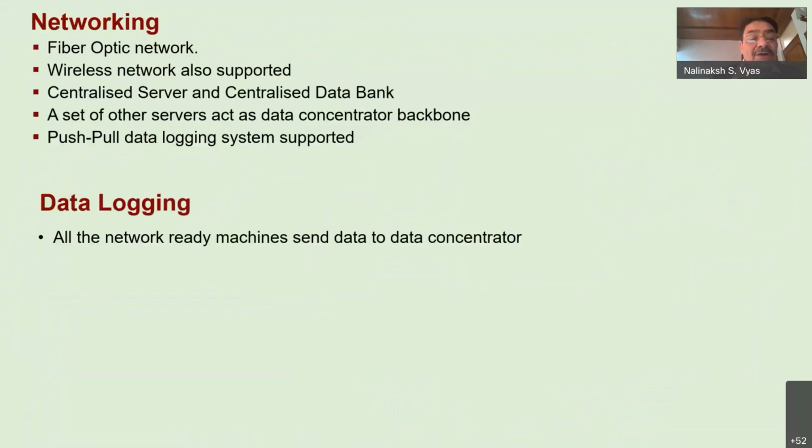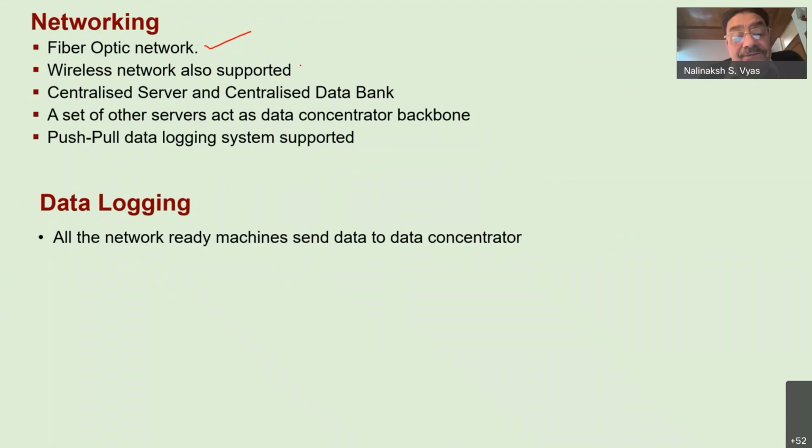So networking involves a fiber optic network. This is required. In MCF, this is present. In ordnance factories and the defense productions, some of these factories, shop floors, it is not present. So we first start with laying down the fiber optic network.